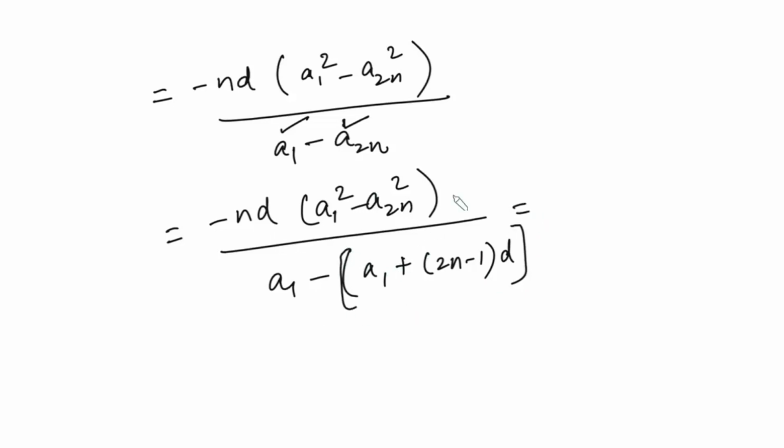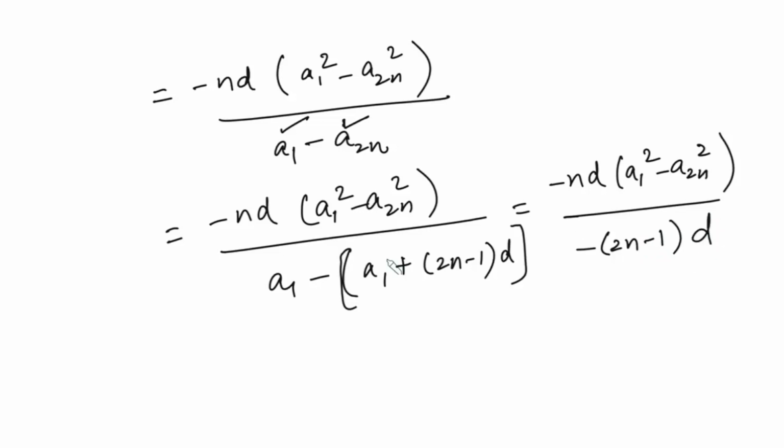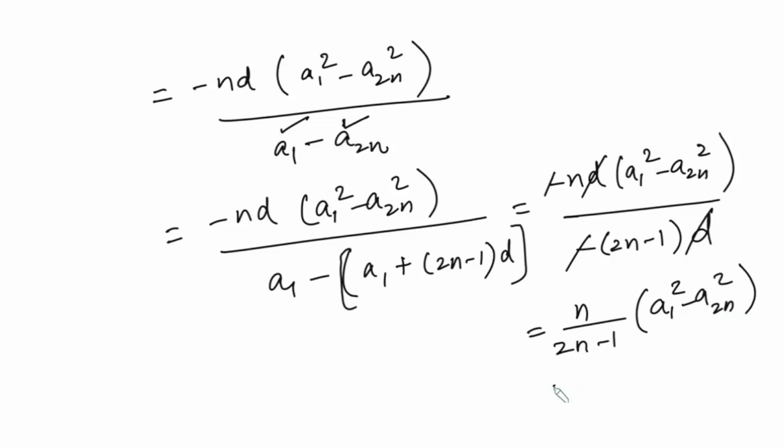And if we simplify this, we get negative nd times a1 square minus a2n square divided by negative 2n minus 1 times d. a1 will cancel out. So we can cancel out the negative sign. We can cancel out d. And we are left with n divided by 2n minus 1 times a1 square minus a2n square, which is the same as the right-hand side.